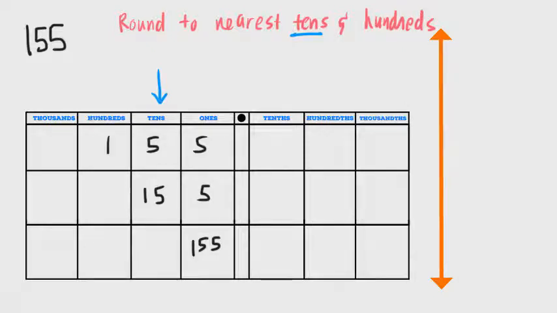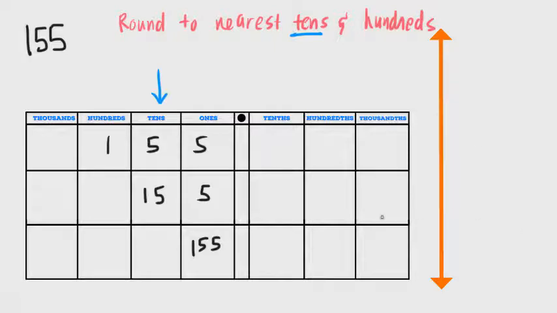That's my goal. Now, when we're doing this, what I want to stress is to make sure we figure out what is the closest number. Since we're talking about tens, we're thinking of the next set of tens. So if it's 15, the next set's going to be 16. We're trying to figure out, should we round it down to 15 or up to 16?